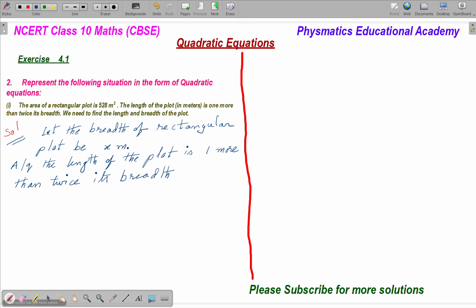Twice its breadth. Therefore, the length of the plot is equal to twice its breadth plus 1. This is in meters.